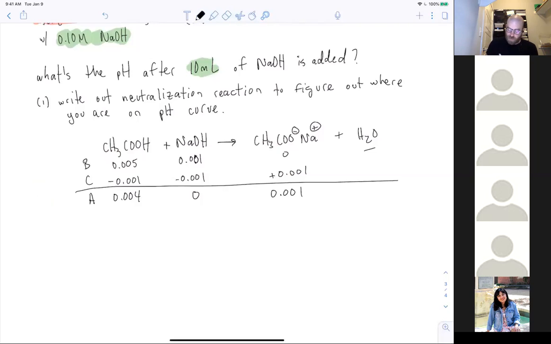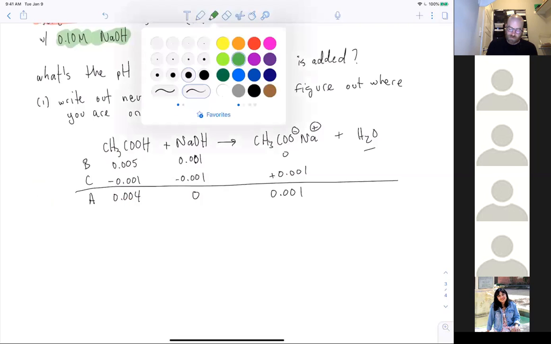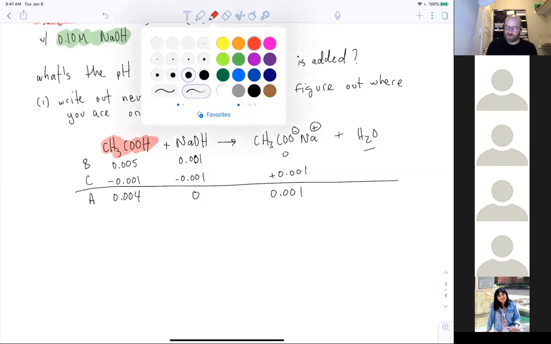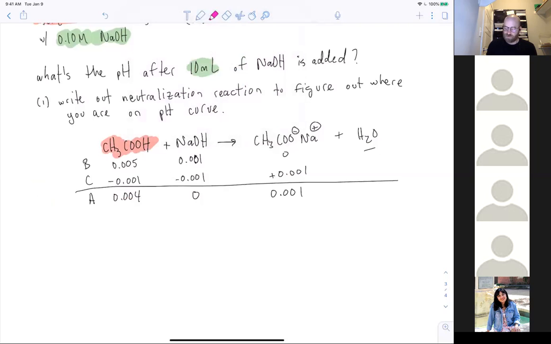And so how do I know this is a buffer? Well, I can use my Henderson-Hasselbalch equation, that pH equals the pKa plus the log. Whenever I have HA, and I'll use bright pink maybe for A minus, its conjugate base. So this is HA and this is A minus over here. And now I recognize that I need to use this.